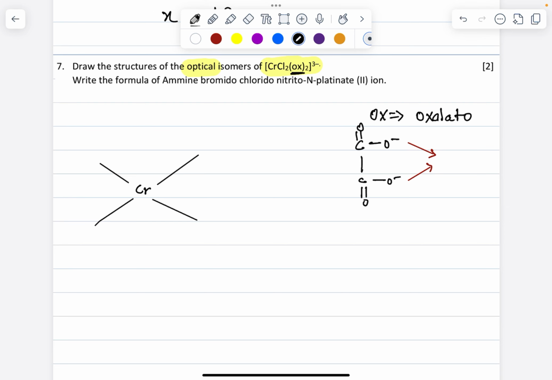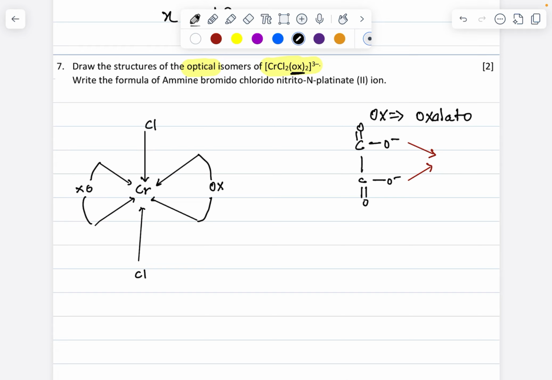Total is 6. So all are coordinate covalent bonds. I'll write ox this way. This is our ox ligand, oxalate. And this is Cl and this is Cl.